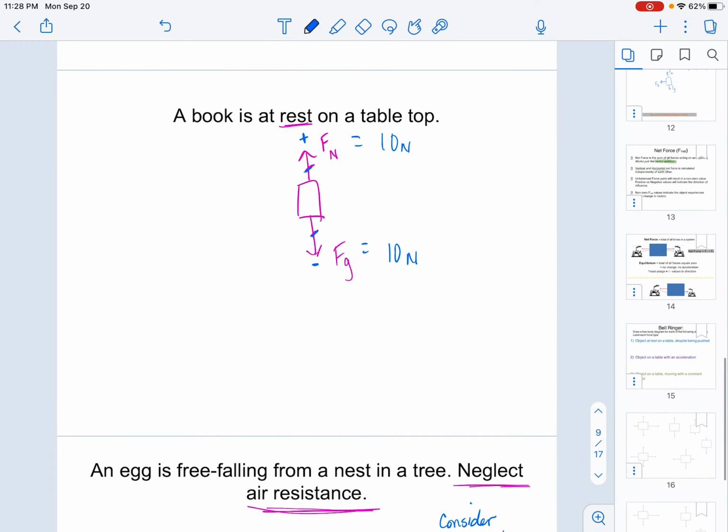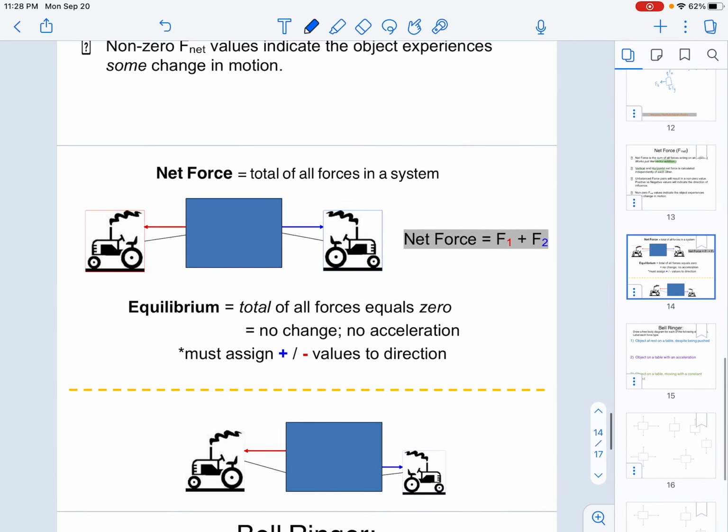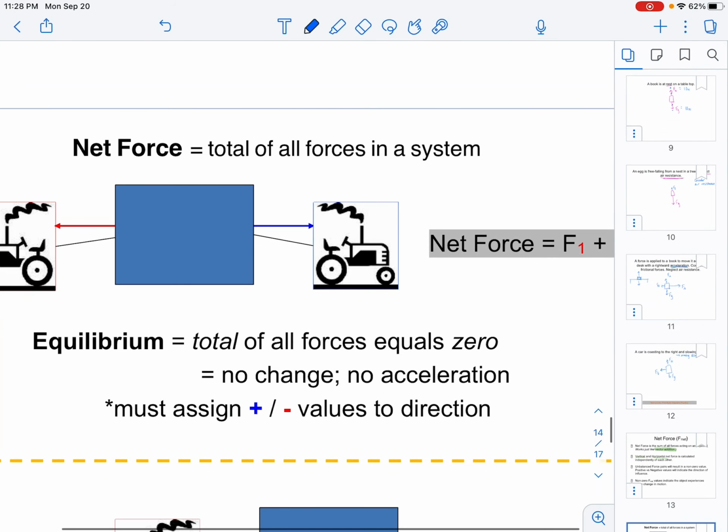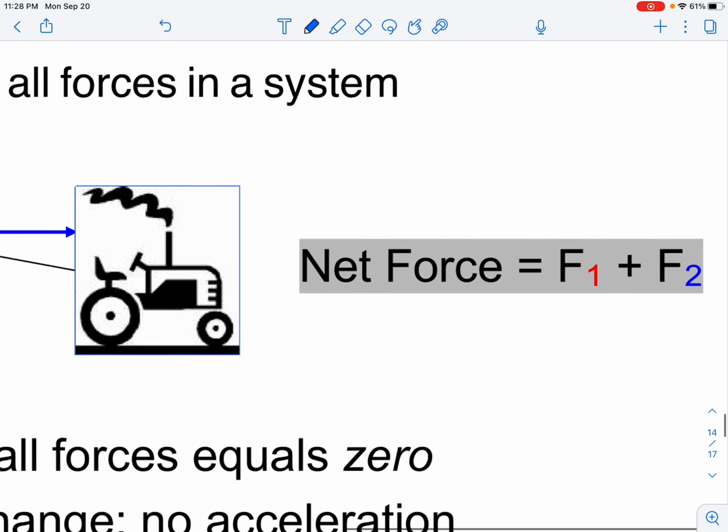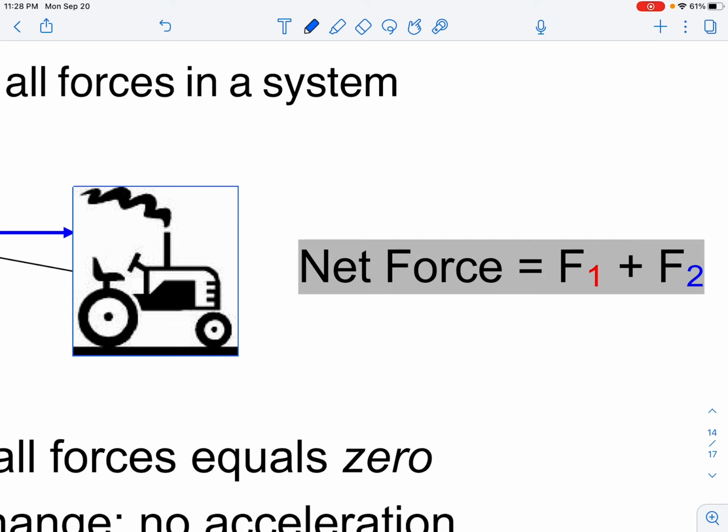The way that we're going to calculate our net force is by saying our net force is the sum of the forces, where we're going to take F1 plus F2. Now, in the example that I just gave you, F1 was a positive 10 newtons, and F2, because it's downward, was a negative 10 newtons.